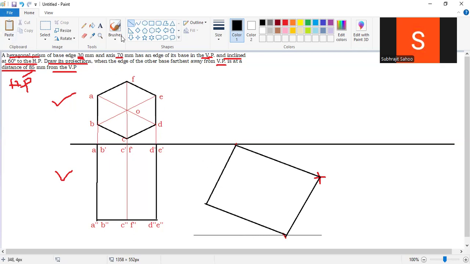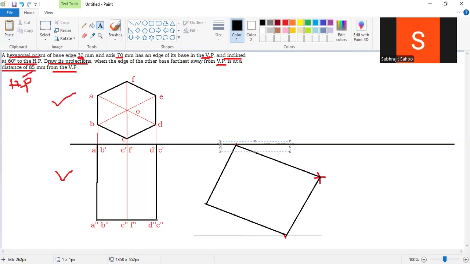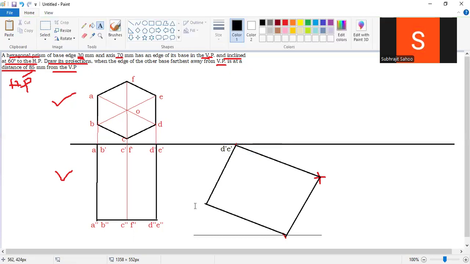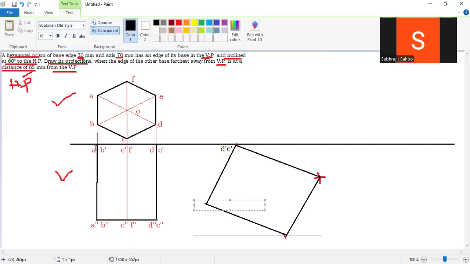Sir, this is my which point? This is my D dash E dash. This one is my A dash B dash, right? A dash B dash.